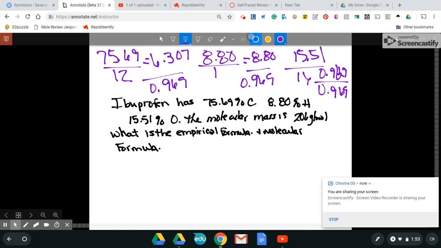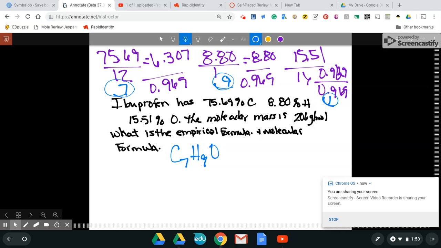Okay, so 6.307 divided by 0.969 gives me 7. And we've got 8.8 divided by 0.969. This gives me 9. And then this is obviously 1. So my empirical formula is C7H9O.